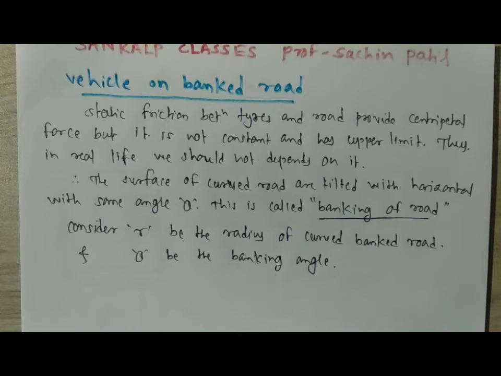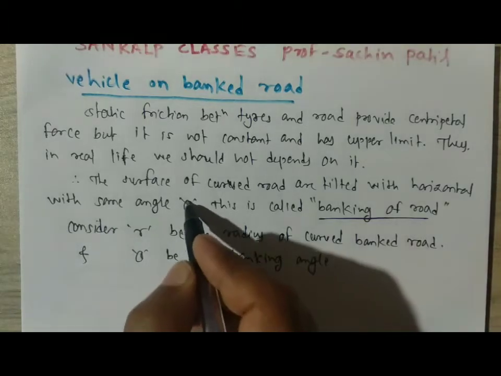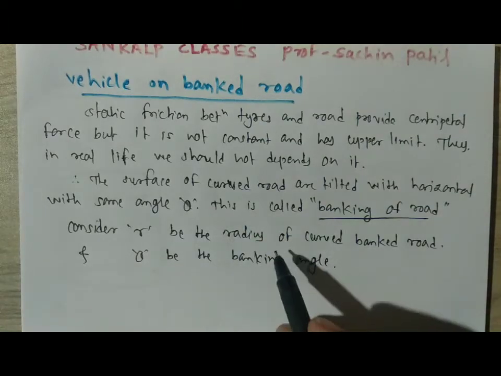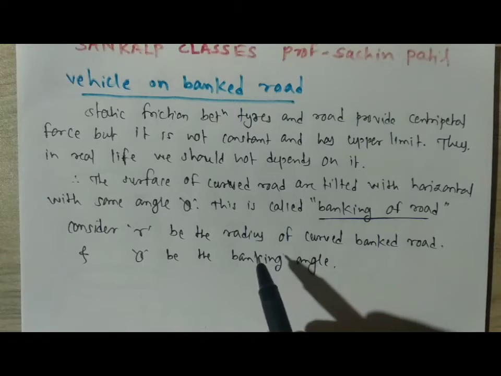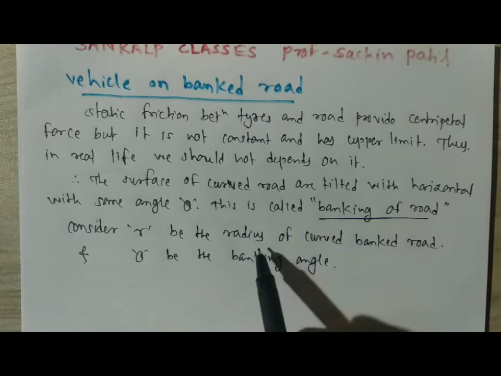The surface of the curved road is tilted with the horizontal at some angle theta, and by using that angle you can provide a particular centripetal force, which is safe for our vehicle moving on a curved road. This is called the banking of road, where r is the radius of the curved banked road and theta is the angle of banking.